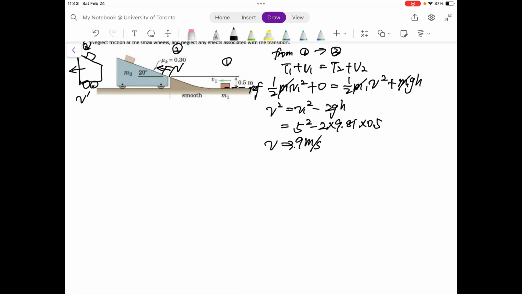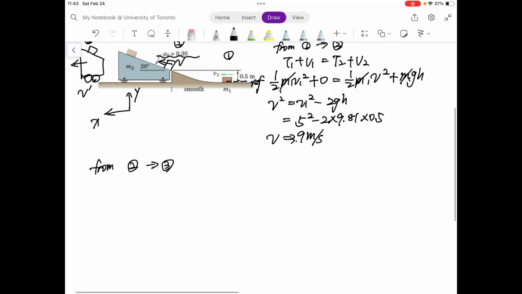Then from 2 to 3, we see here's a friction right here. The energy is not conserved, but the linear momentum in the x direction is conserved. So we say this is x, this is our y, because linear momentum is not dependent on any internal motion or rotations.